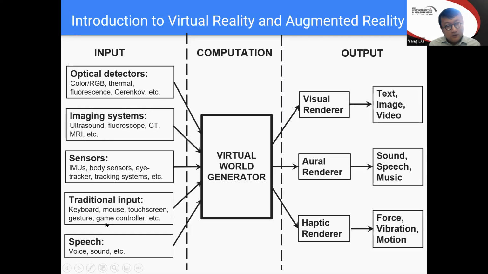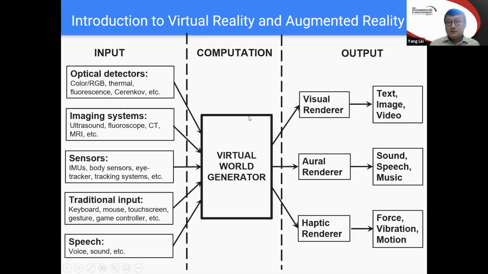In addition to that, it could also have speech and voice recognition, and some traditional I/O input like mouse, keyboard, touchscreen, or gesture control. With those inputs, the data can be processed on a computing platform, whether it's an embedded system, on the cloud, or on the edge, and you can generate the virtual world, which can be rendered in three different ways.